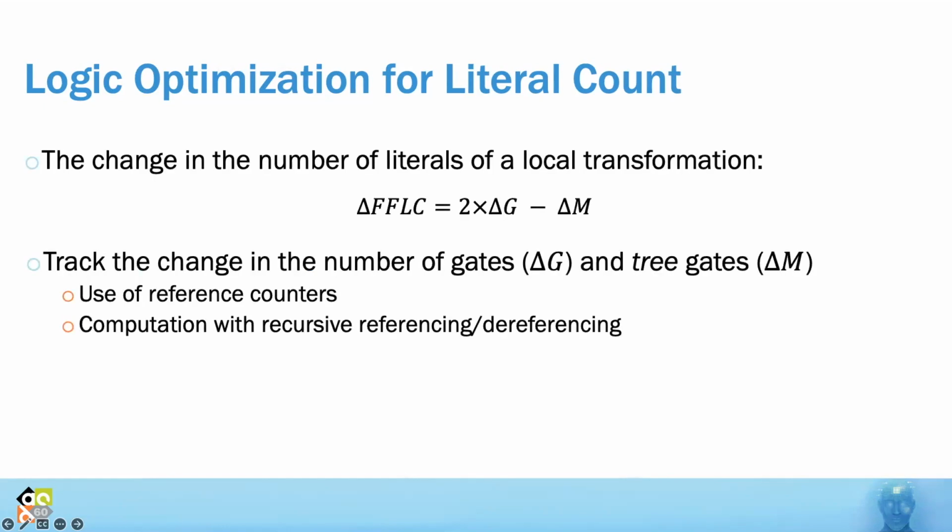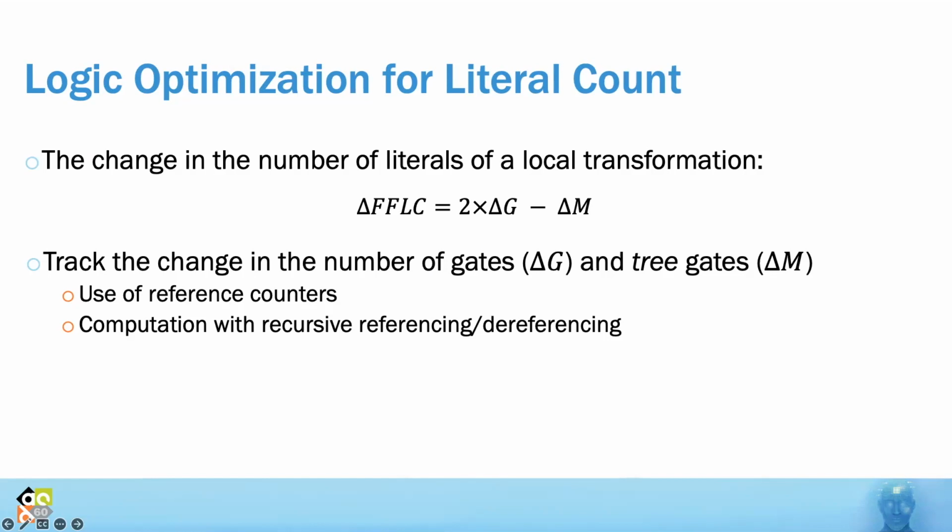Most algorithms for logic minimization rely on local transformation, on peephole optimization. So here it is really easy to track the change in factor form literal count in a local region of the graph. For example, the number of factor form literals locally depends only on the number of nodes that are added and removed, and additionally the number of tree nodes that are added and removed.